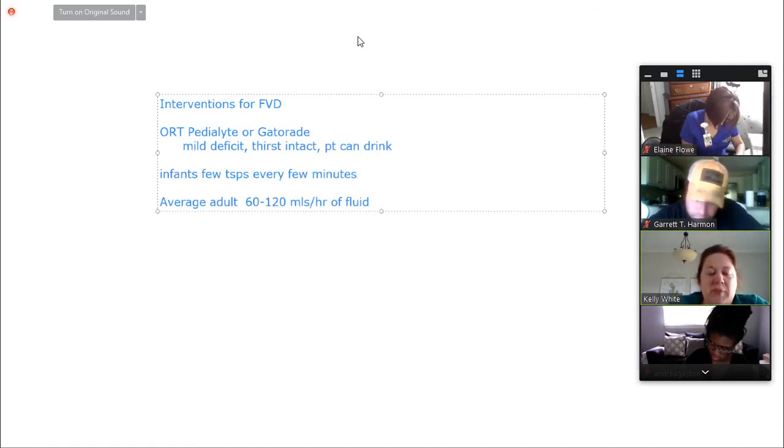With those little babies and little toddlers, you don't want to have them just start gulping away at their Pedialyte. They don't feel good. If you just have them chug, chug, chug, they're more likely to just throw it right back up. So you just want to offer them a few little sips here and there every couple of minutes.